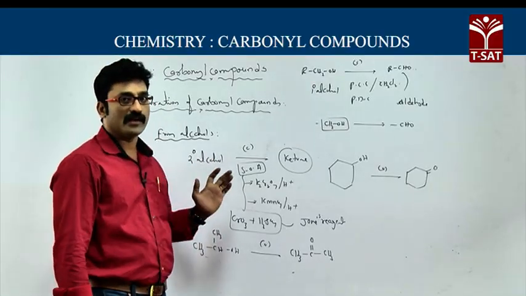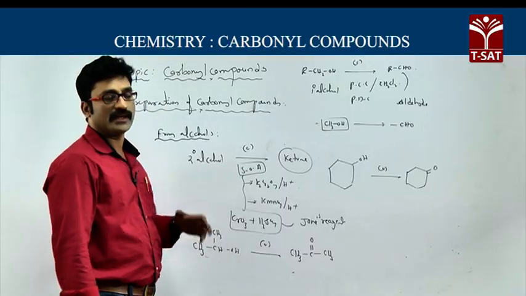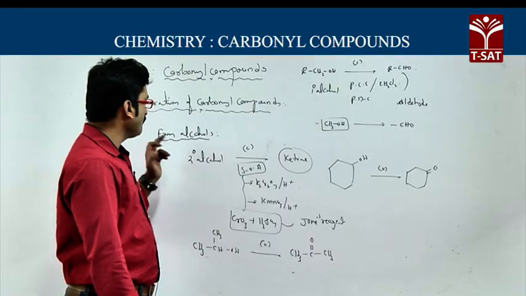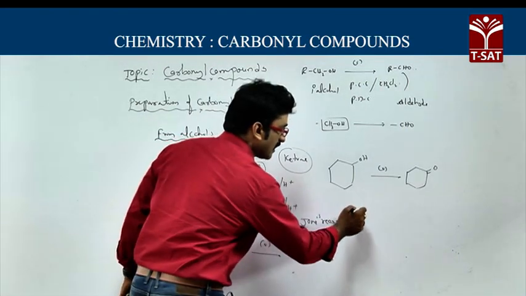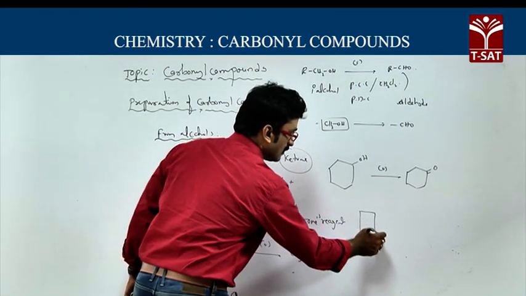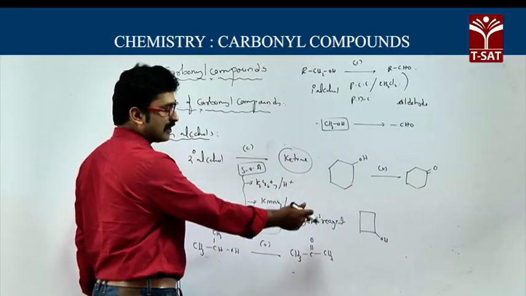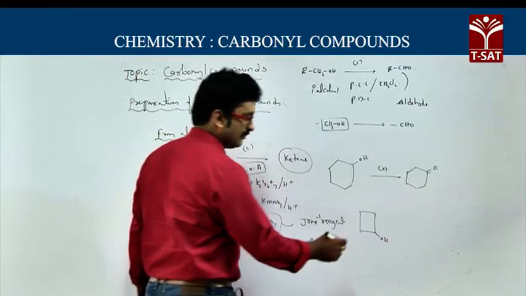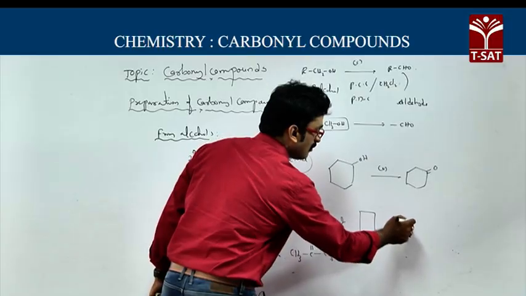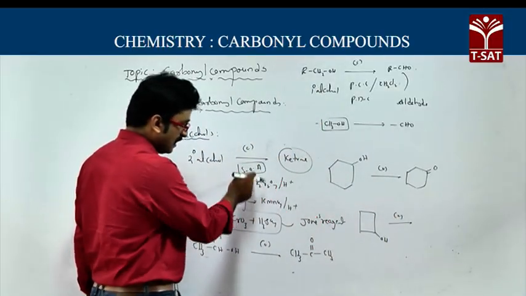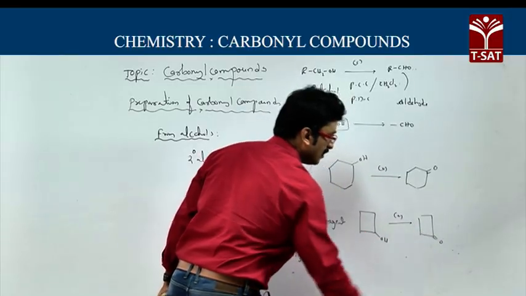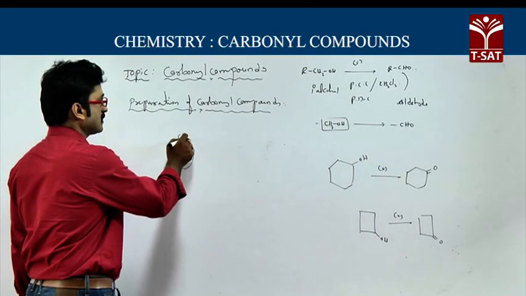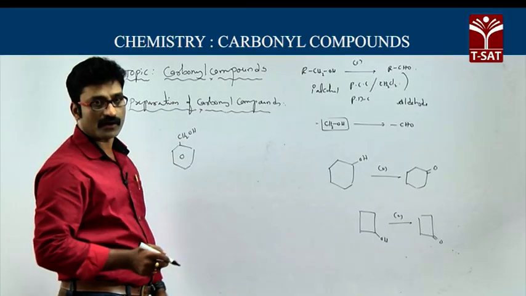If you want to prepare aldehydes, we are supposed to take primary alcohols, and if you want to prepare ketones, we are supposed to take secondary alcohols. We will take one more example. Cyclobutanol on oxidation in the presence of a strong oxidizing agent gives cyclobutanone. This other compound is called benzyl alcohol.